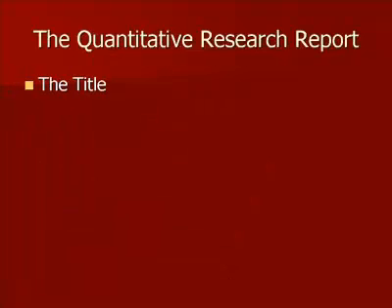Quantitative research report, every article, every conference paper, every book chapter has a title, and the title embodies the names of the variables and their relationship to the topic of interest in a very straightforward presentation. The title should not be too clever.